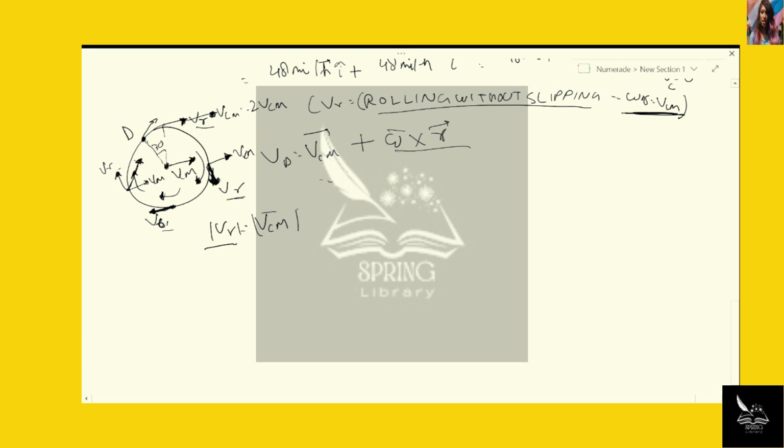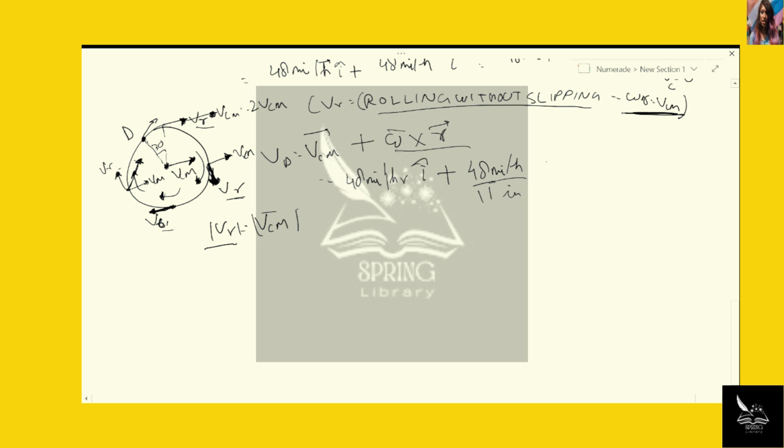So VCM is 48 miles per hour times I, plus omega cross R. Omega, as I said, is 48 miles per hour over 11 inches.